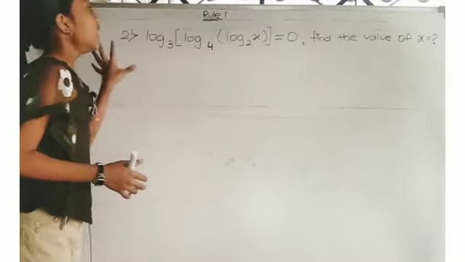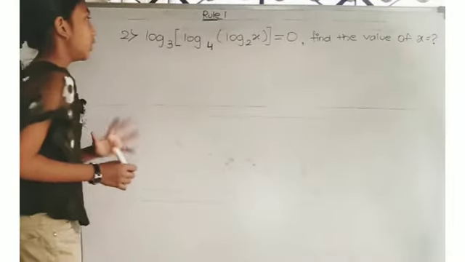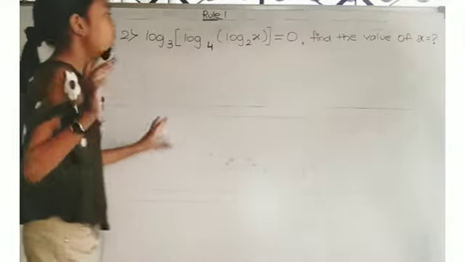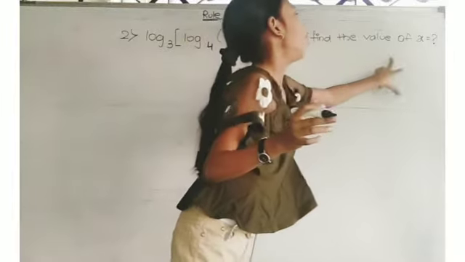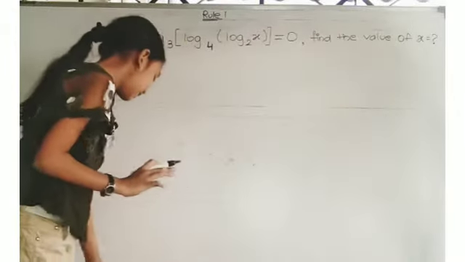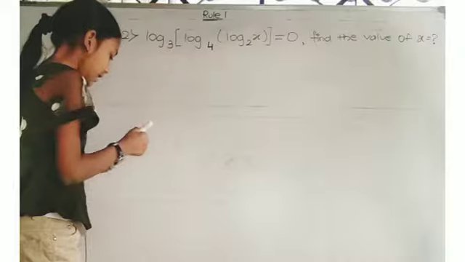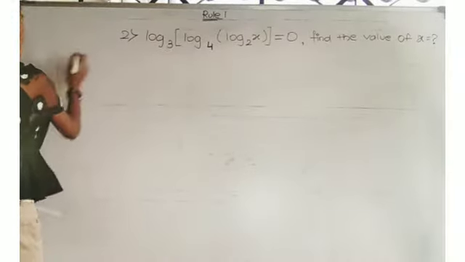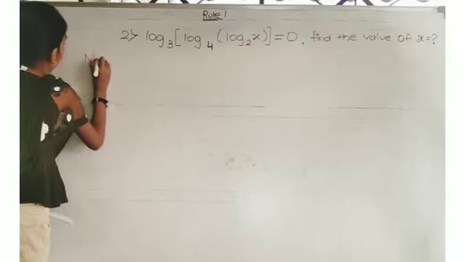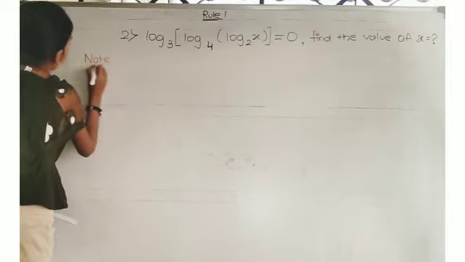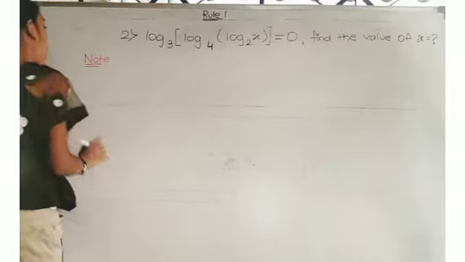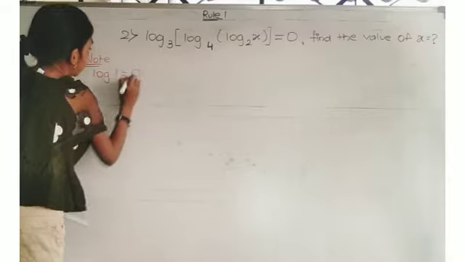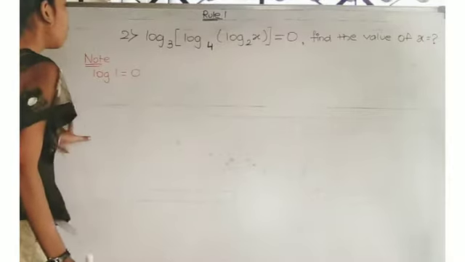So this is our second question. An important question. Here we have to find the value of x. So note this down. I discussed in the formulas that log 1 is equal to 0 or 0 is equal to log 1.